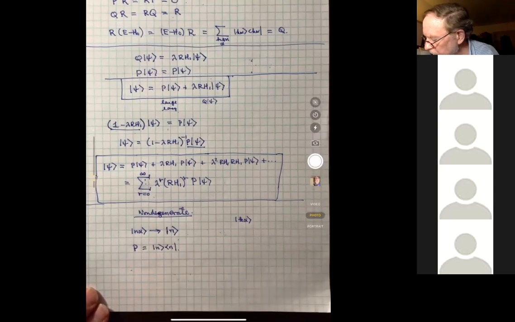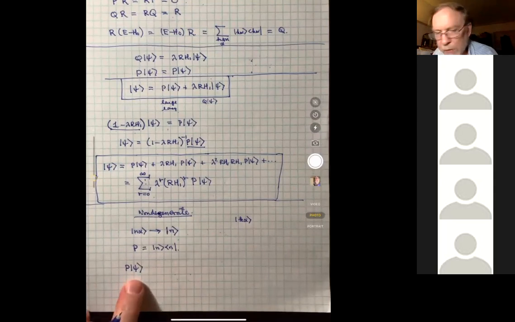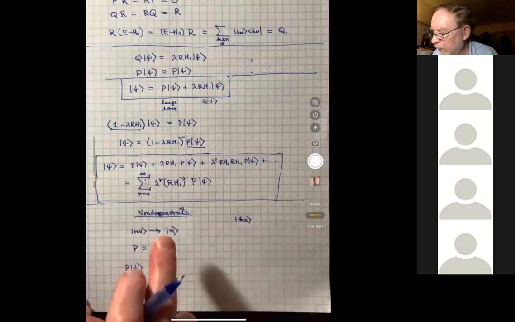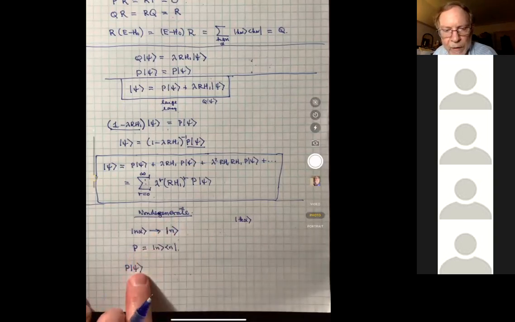Now, this also means that P psi, remember, is a projection of the exact solution onto the unperturbed eigenspace. In the non-degenerate case, the unperturbed eigenspace is just one-dimensional and it's spanned by n.